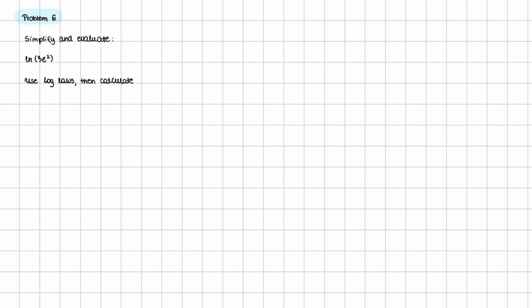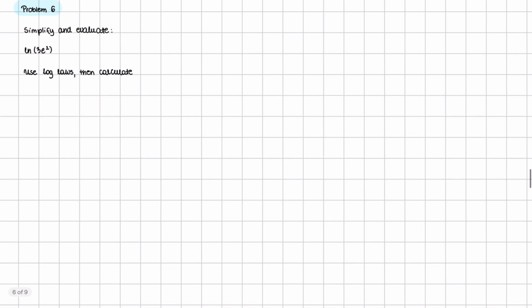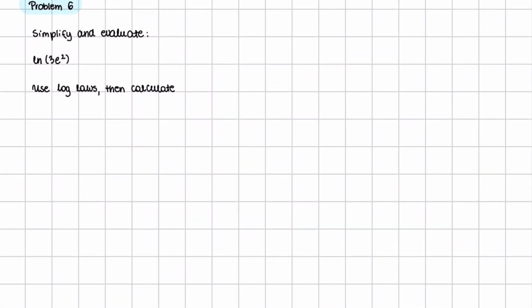In problem 6, we have to also calculate. We can calculate it directly on our GDC, but it is stated that we have to simplify firstly and evaluate. So, firstly, we have to simplify it knowing the log laws.